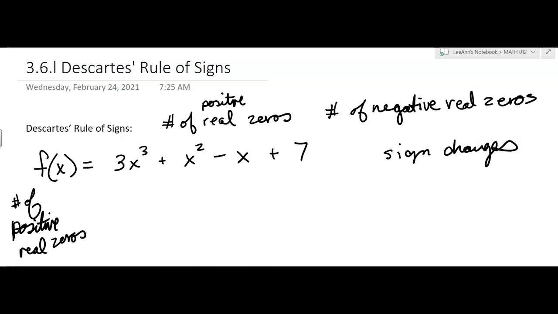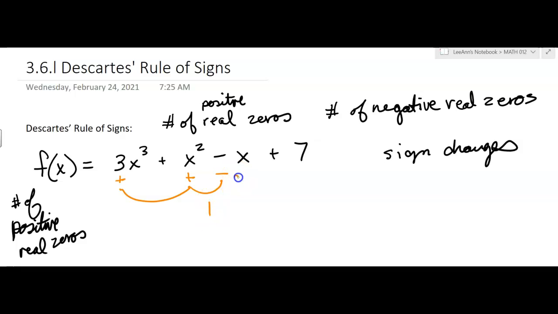Now, it doesn't matter how many terms there are. You don't have to worry about missing terms or anything like that. This is what we're saying. If you start out with positive and the next one's positive, then going from this to this, no sign change. But now we go negative, right? So there's one sign change.